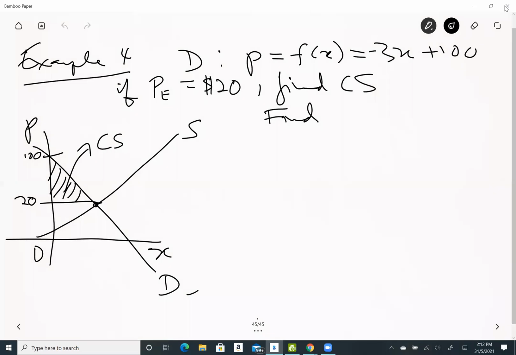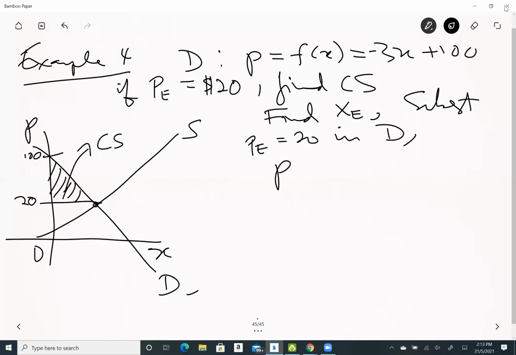I need to find xe. So how do you get xe? We substitute the PE equal to 20 into the demand function. So I got P equal to the price.